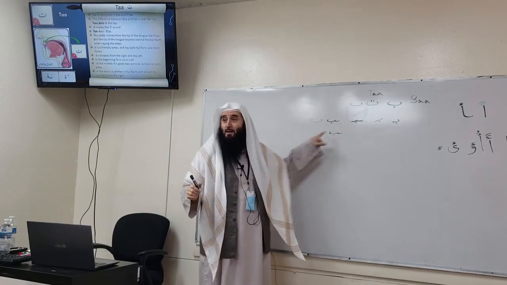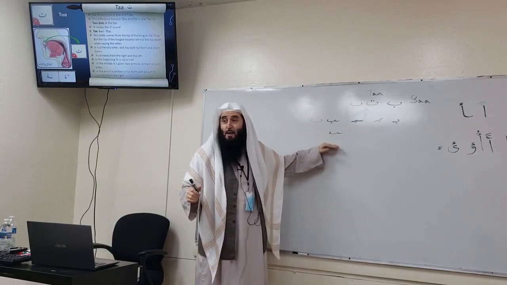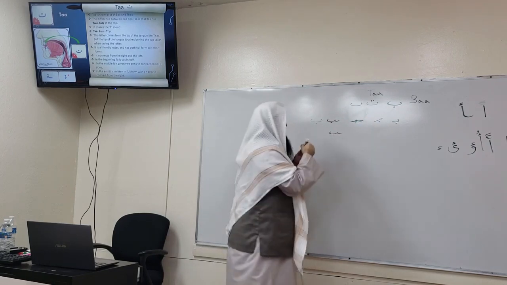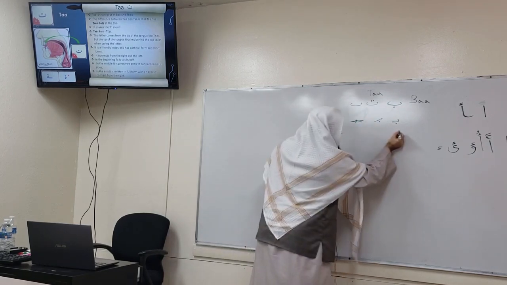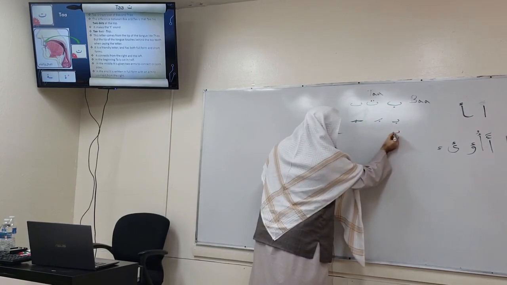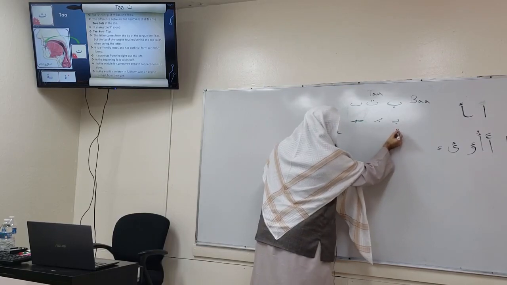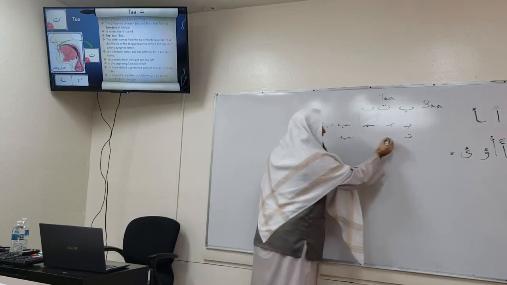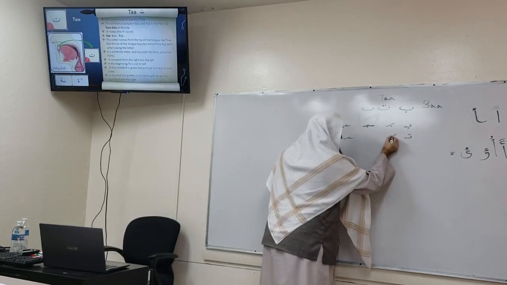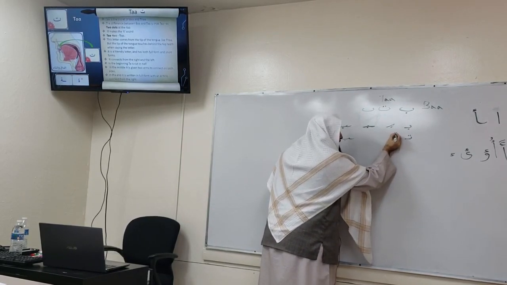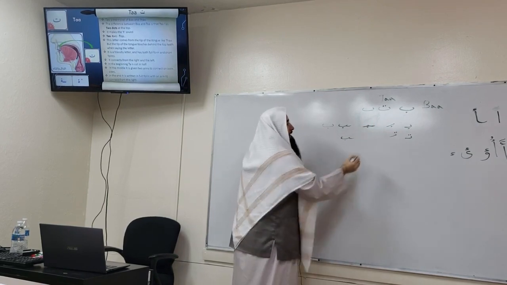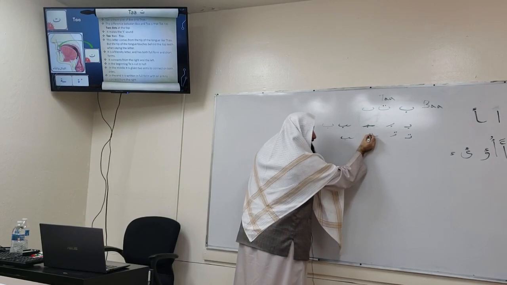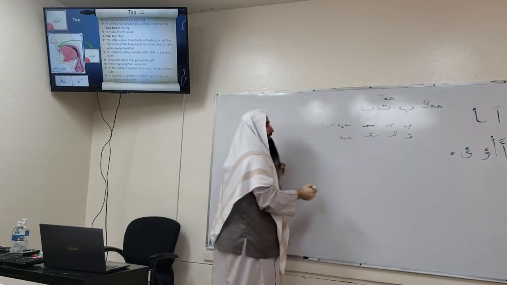It's similar to the same family as the ba. Look, I'm going to put the short form, which has 2 dots. I can put the same shape like this, but with 2 dots on the top.